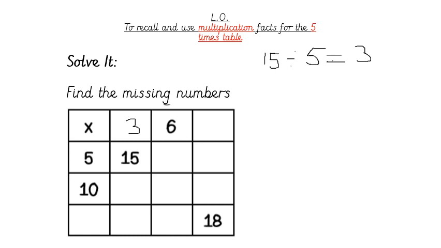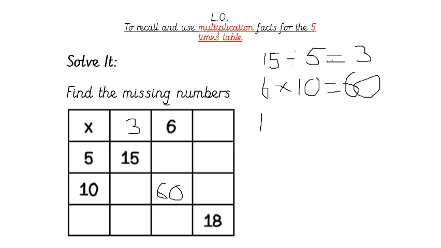Now the other one that will be easy will be 6 and 10. So 6 times 10 is, let's count tens, 10, 20, 30, 40, 50, 60. 60. Okay, so 3 and 60, those numbers will have to stay the same. You can't change those numbers. Now we've got 3 and 10.